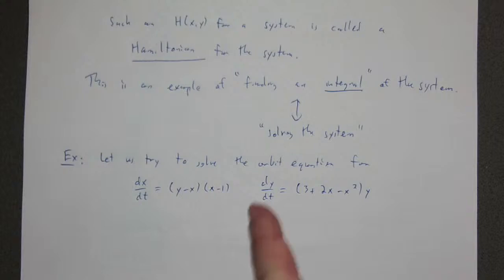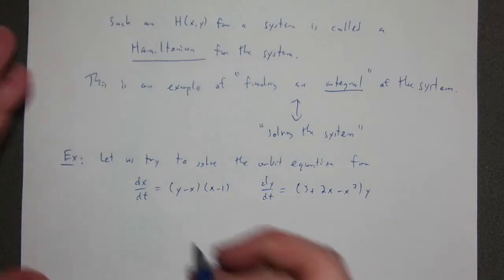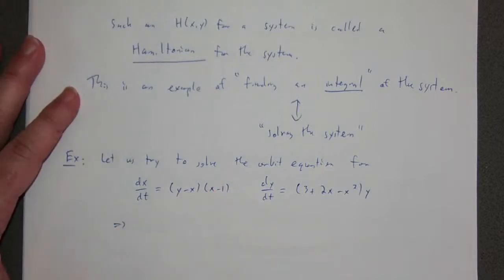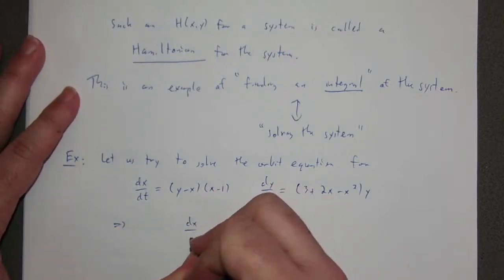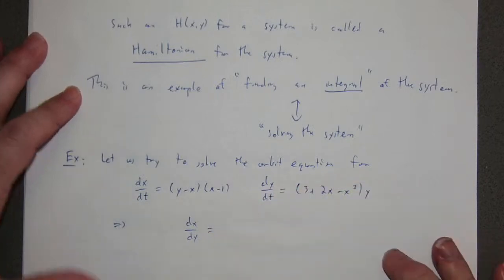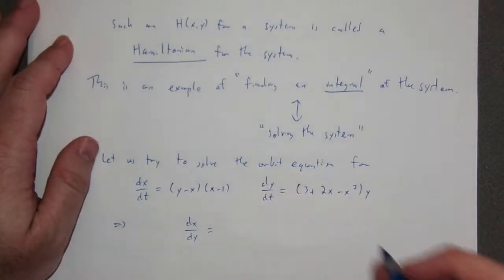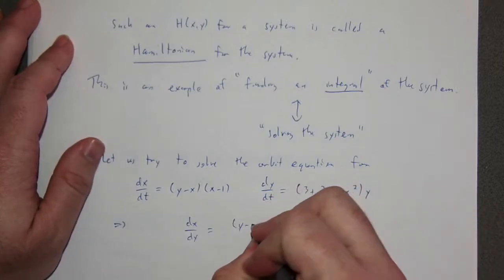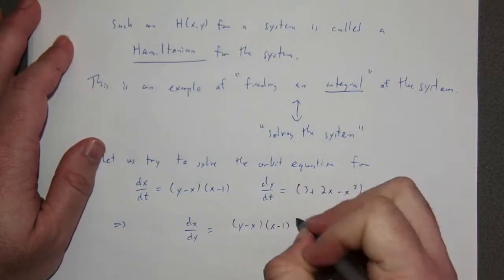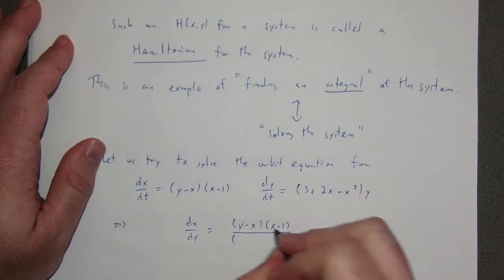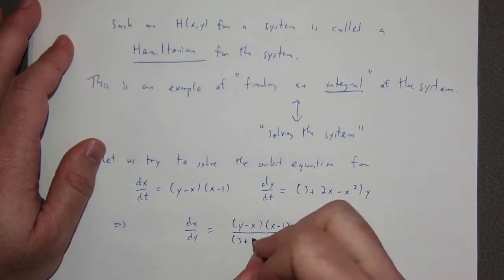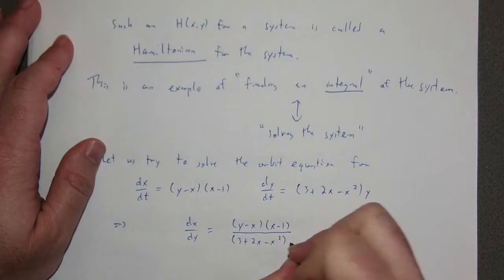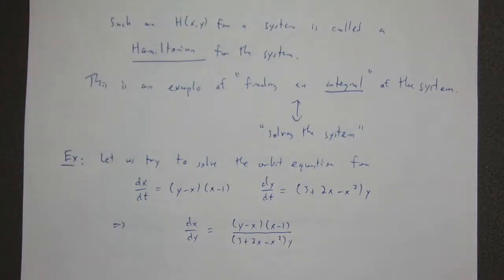So our orbit equation simplified here is dx dy is equal to y minus x times x minus 1 over 3 plus 2x minus x squared times y. Can we do anything with that?